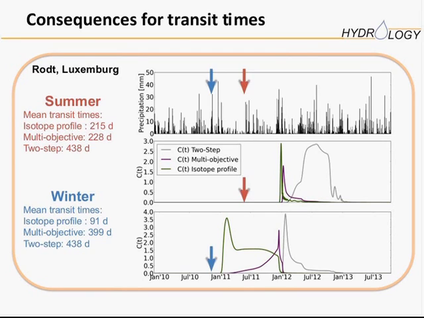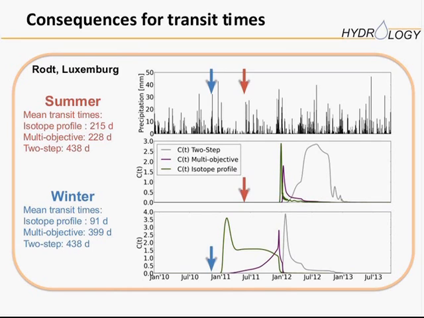In the winter, the isotope profile approach provides a very short mean transit time, and the transit time between the multi-objective and the two-step approach is relatively similar. On the right, you see the direct pulse breakthrough at the bottom end of our 1 meter deep domain.